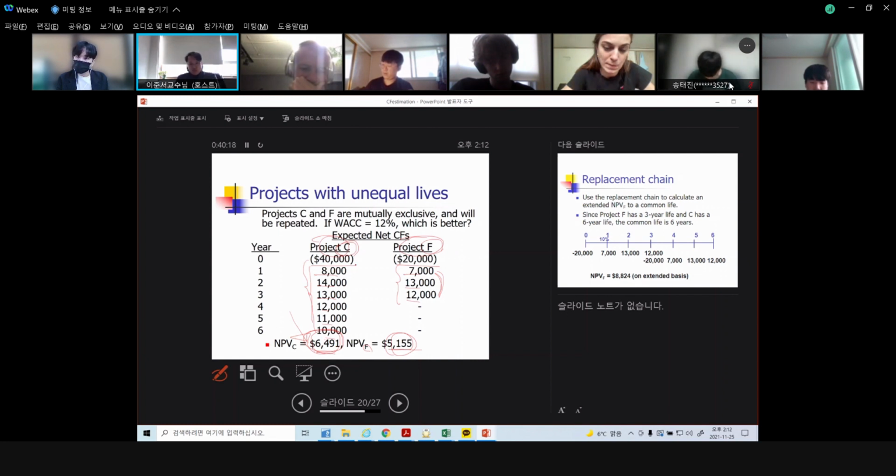If two projects have hugely different lives, then we need to make the two project lives equal by using the least common multiple.